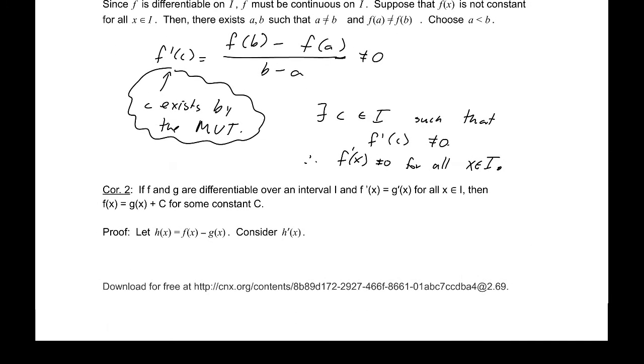If f and g are functions that are differentiable in an interval I, and f prime equals g prime for all x in I, then f of x equals g of x plus c for some constant c. Well, let's take the function h of x to be f of x minus g of x. h prime of x then is equal to, based on our derivative rules, f prime of x minus g prime of x.